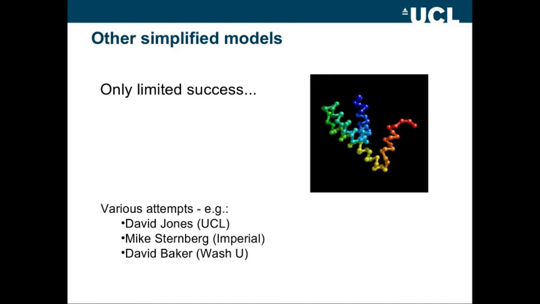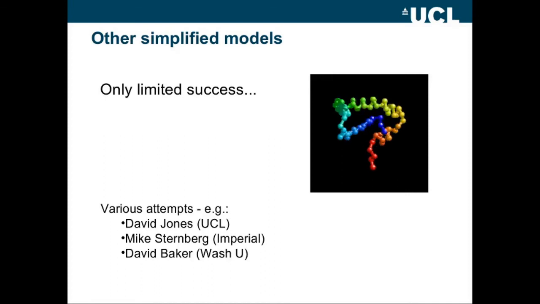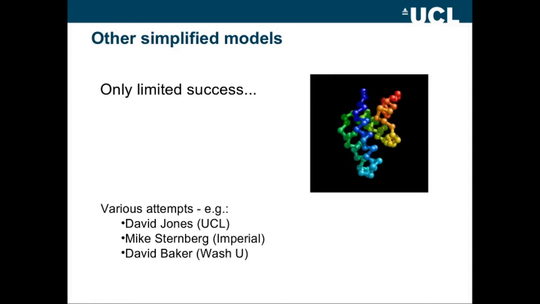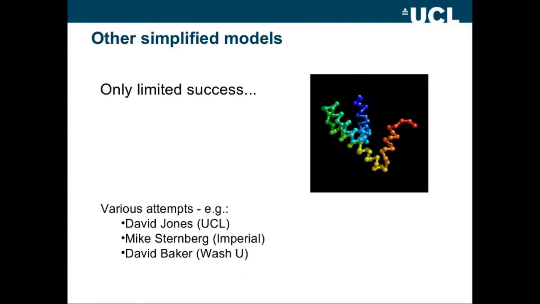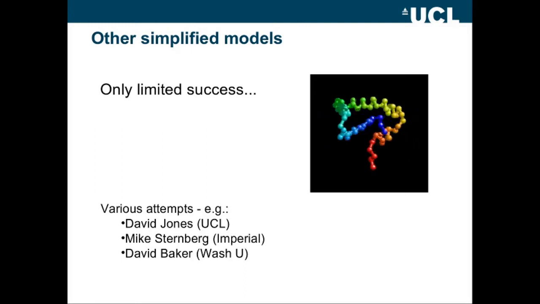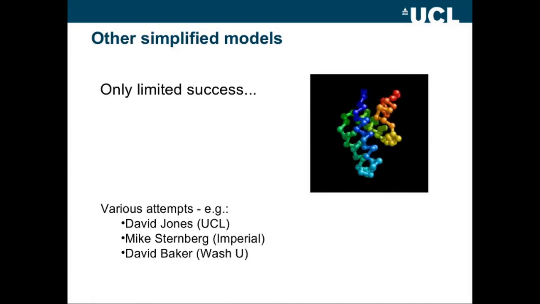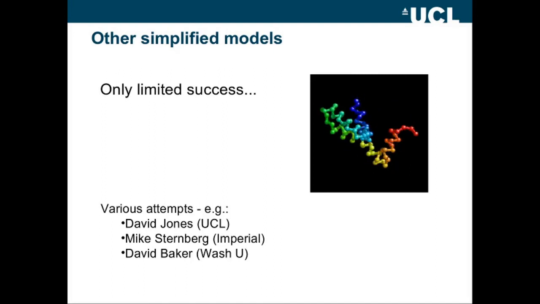Now, these sorts of models tend to take a lollipop approach. So you have a backbone and you have a side chain represented as a single point coming off that backbone. There have been various attempts at doing this, including David Jones at UCL, Mike Sternberg at Imperial, and David Baker at Washington University. So the animation here is from David Jones. We're starting here.